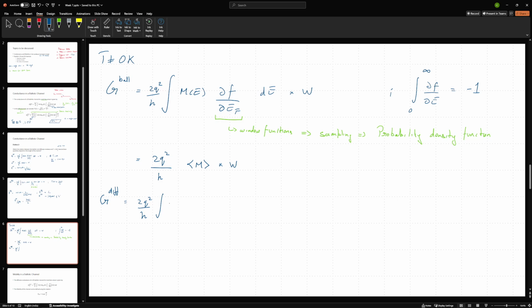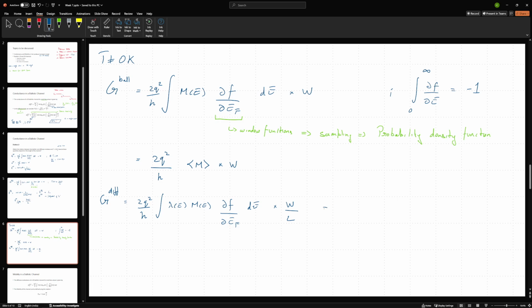Now I'm just directly writing the ballistic limit, so this is going to be lambda of E, M of E, the window function, once again, times dE into W divided by L.